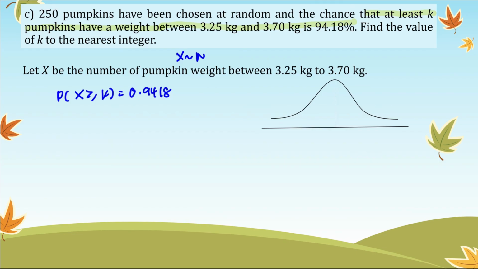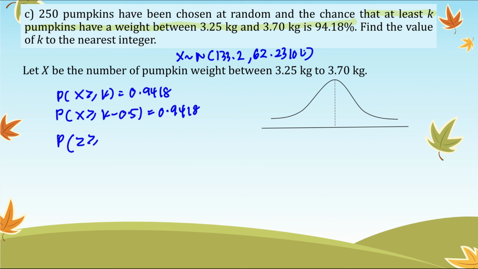Now we want to use the approximation that we already find. That means we need to do the continuity correction. What is our normal? 133.2 and 62.23104. The correction is k minus 0.5.